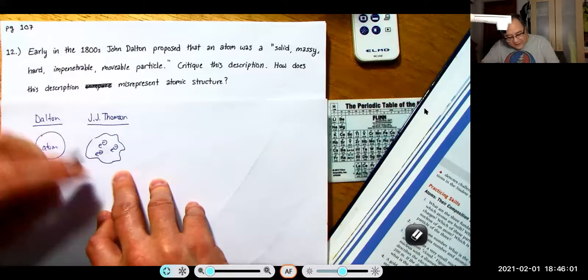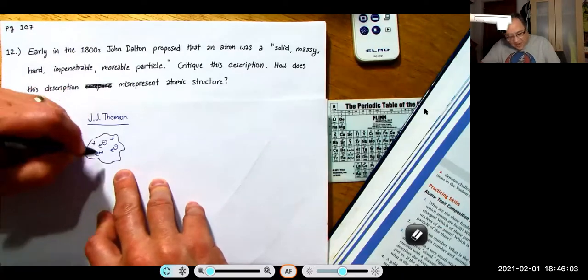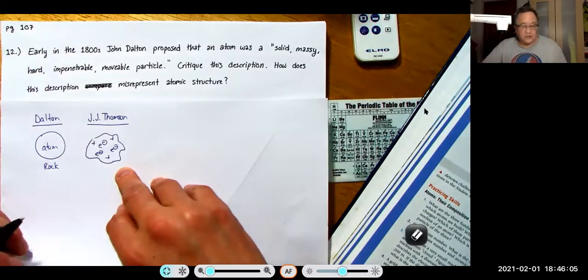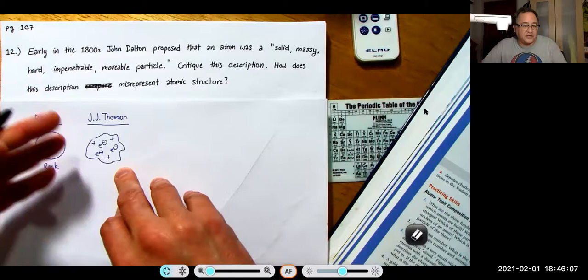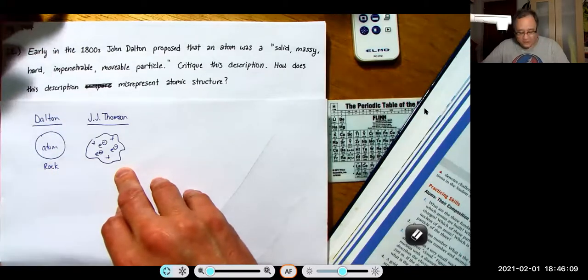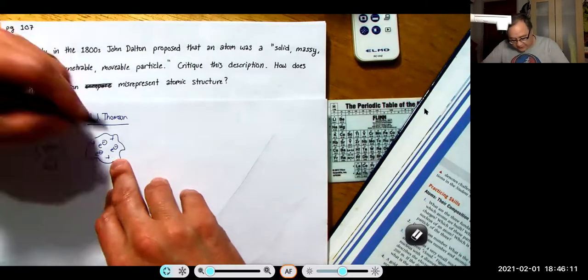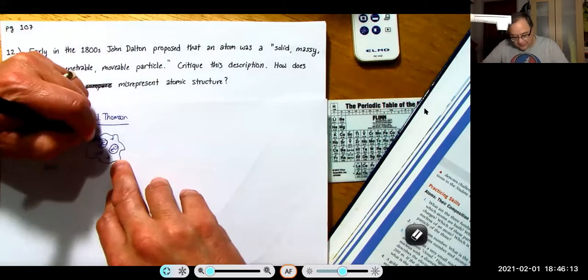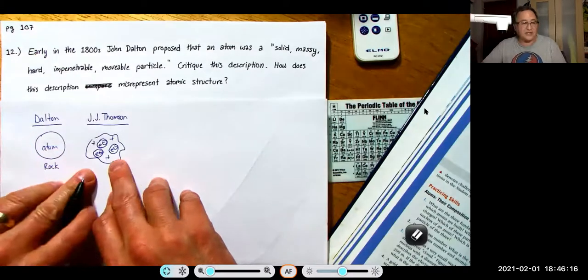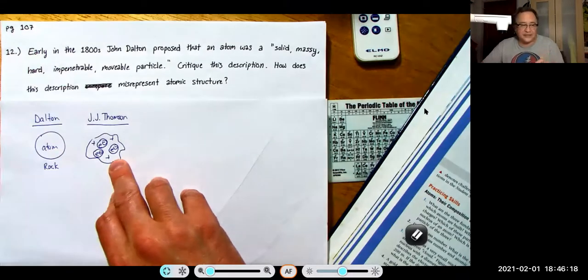And surrounding the electrons was this pudding of positive charge. So at this time, they didn't really know about protons. They knew about electrons. The reason they call this the plum pudding model is because the electrons were like raisins in plum pudding, or plums in the plum pudding.